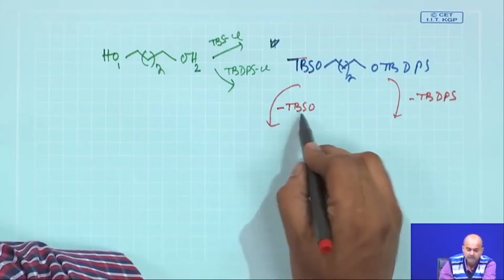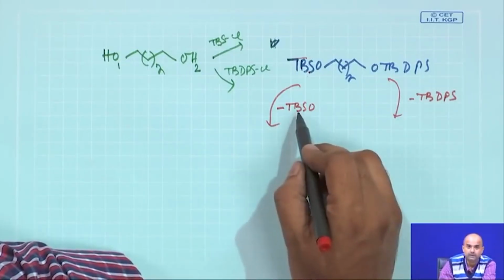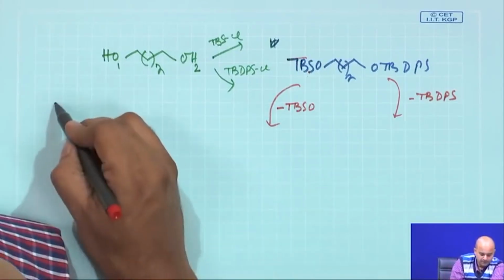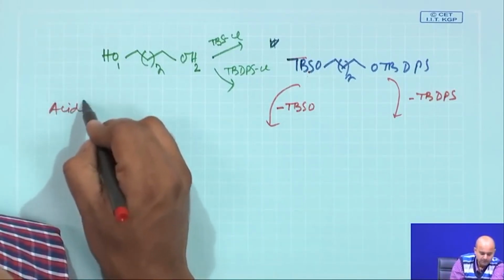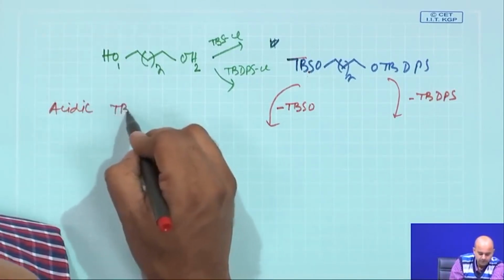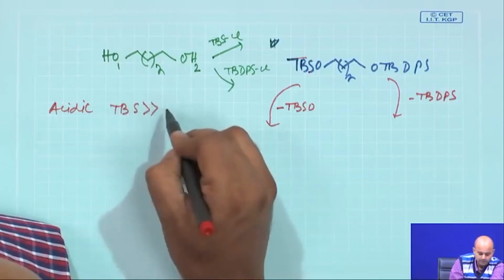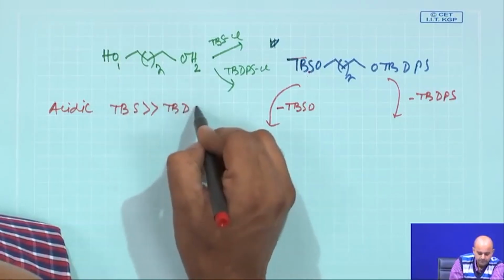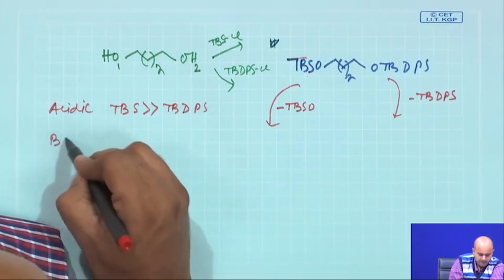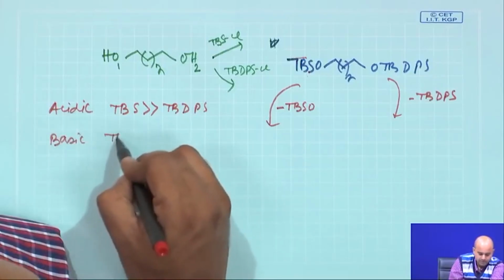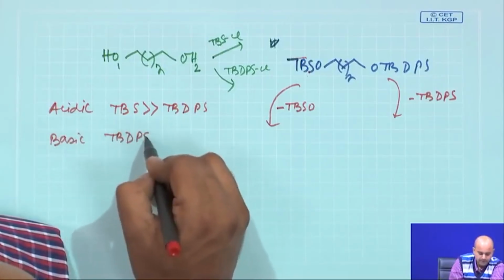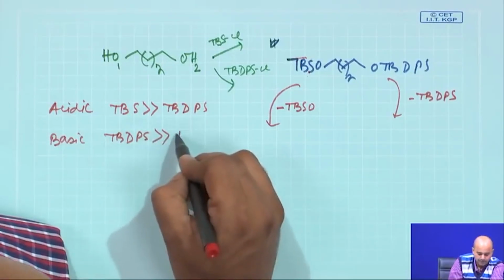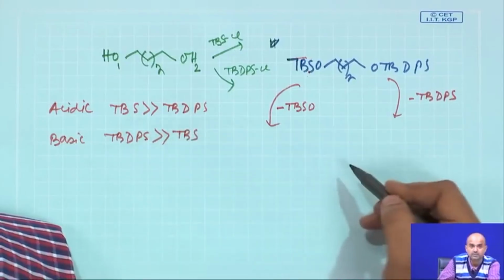The selective TBS, I said TBS are much more acid labile. In terms of acidic reactivity, TBS are much more reactive than TBDPS. And in basic reactivity, TBDPS are very labile towards base, TBS is not that much.